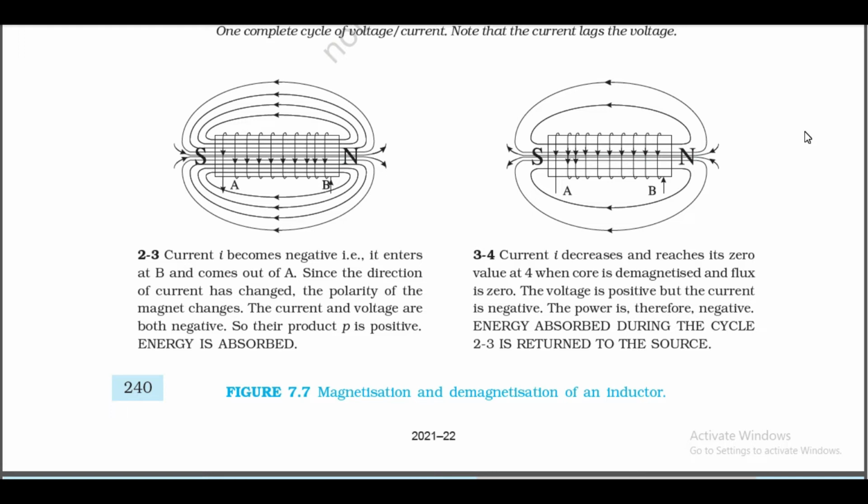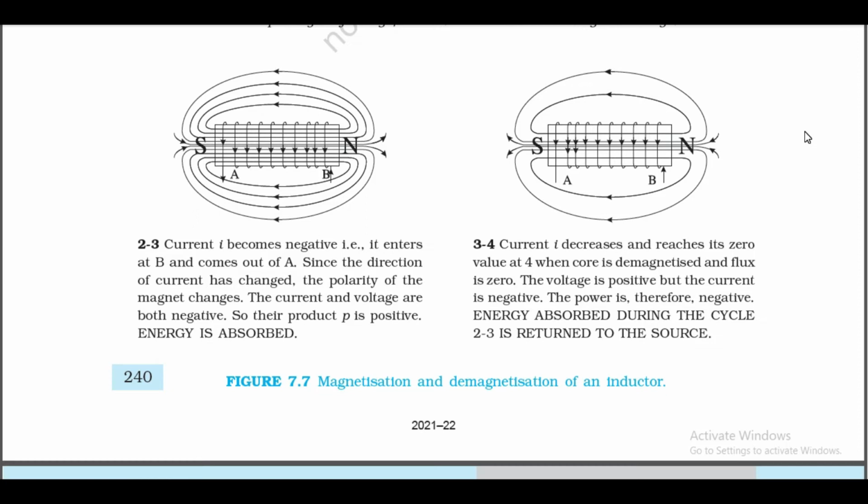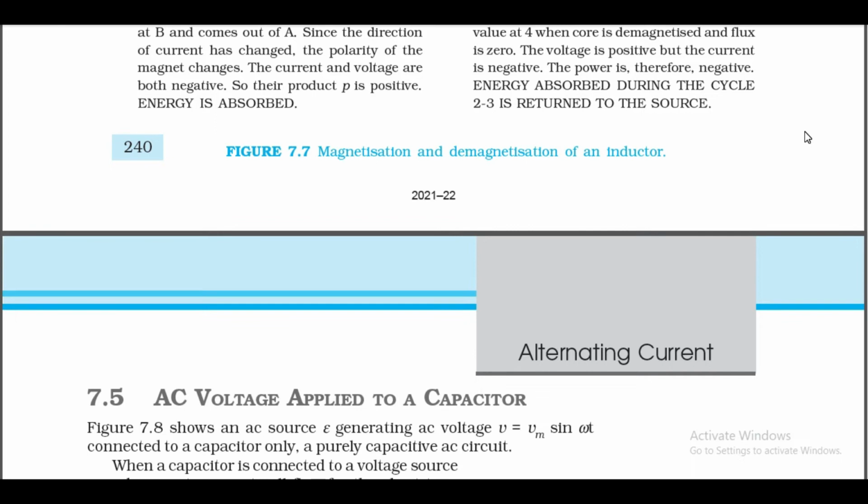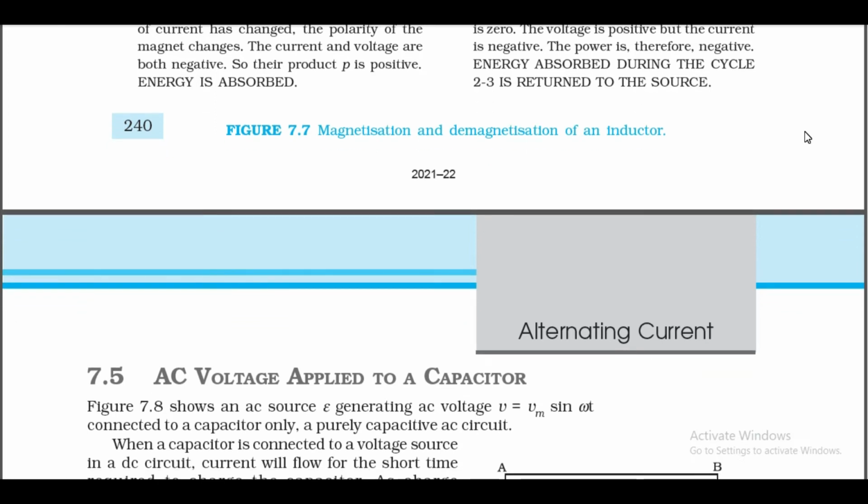Current i decreases and reaches its zero value at 4 when the core is demagnetized and flux is 0. The voltage is positive but the current is negative. The power is therefore negative. Energy absorbed during the cycle 2 to 3 is returned to the source. Figure 7.7. Magnetization and demagnetization of an inductor.